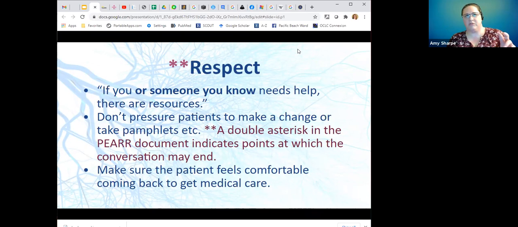And sometimes it helps to ask in a sideways way, not directly, because there is a stigma associated with being a victim of crime. That, if you know someone that needs help, we have resources and you can take these with you. And that can help reduce that stigma. But it's really essential to make sure that the patient feels comfortable and can come back either to your facility or another and receive the medical care that they might need.